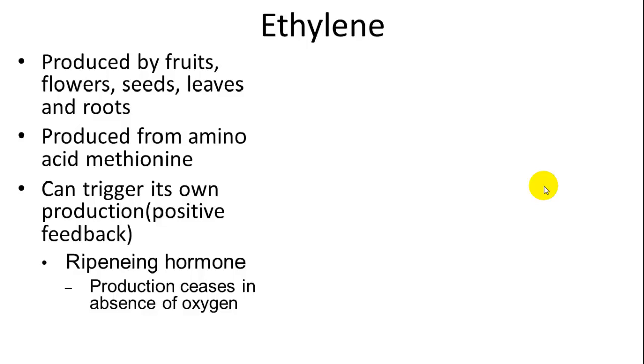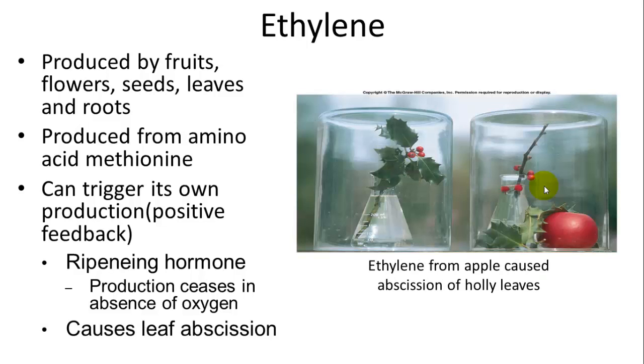And then once they get to their source, they can expose them to ethylene to cause them to ripen. And it also causes leaf abscission. So we have an example here of a holly plant. When kept with a ripening tomato plant, that ethylene will cause the plant to shed its leaves.